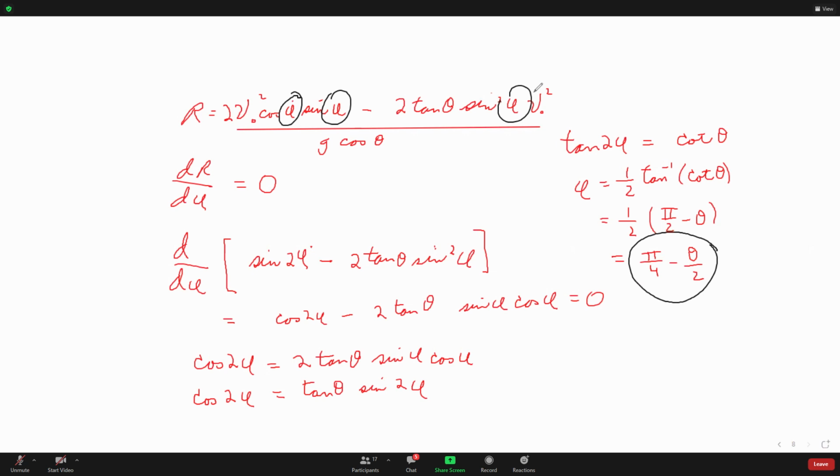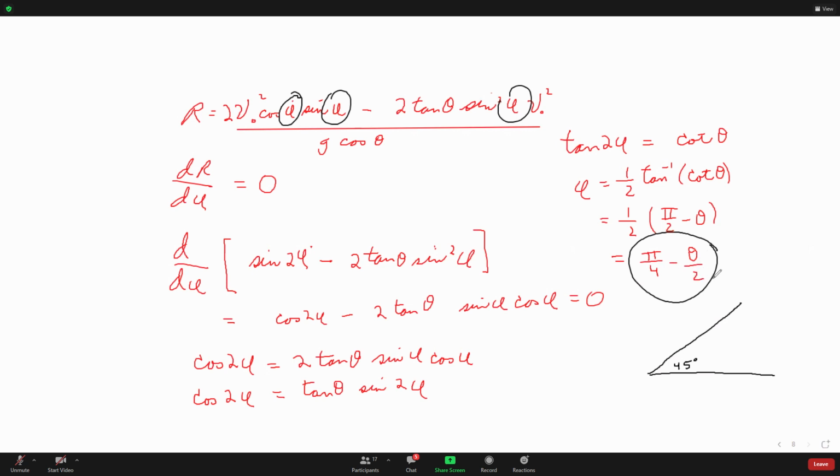So let's say that the angle here is 45 degrees. Then the optimal, so that's pi on 4.